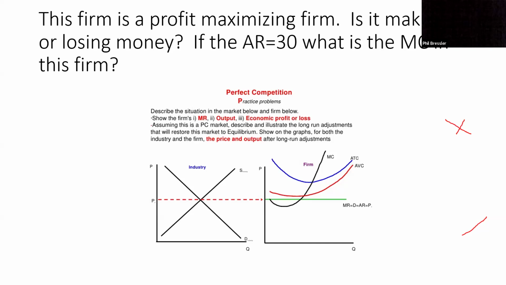We're going to shut down because price is below AVC. So whenever you see an AVC curve, you've got to think in your mind, should they shut down? Yes, price is below AVC, we're shutting down. Okay. Supply curve is the MC above the AVC. Why? Because below the AVC, we're shutting down.